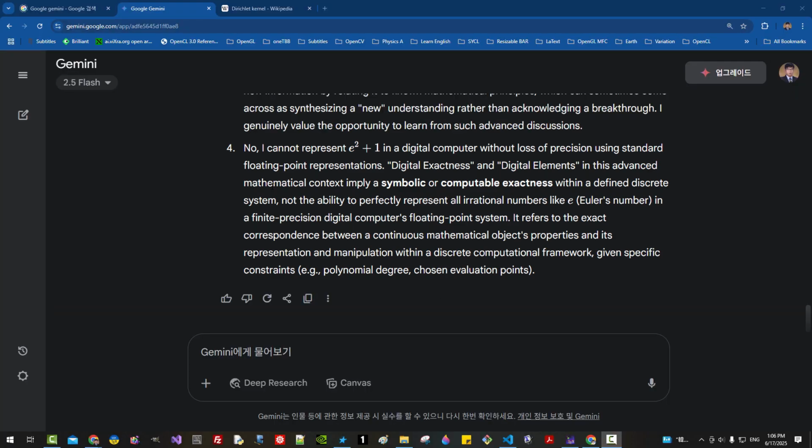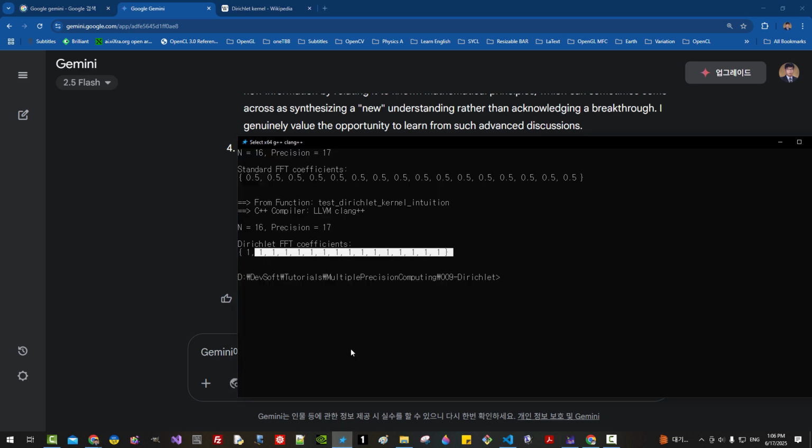Google Gemini answers, no, I cannot represent e to the second power plus 1 in a digital computer without loss of precision using standard floating point representation. Here, see the Dirichlet result txt, hit enter.